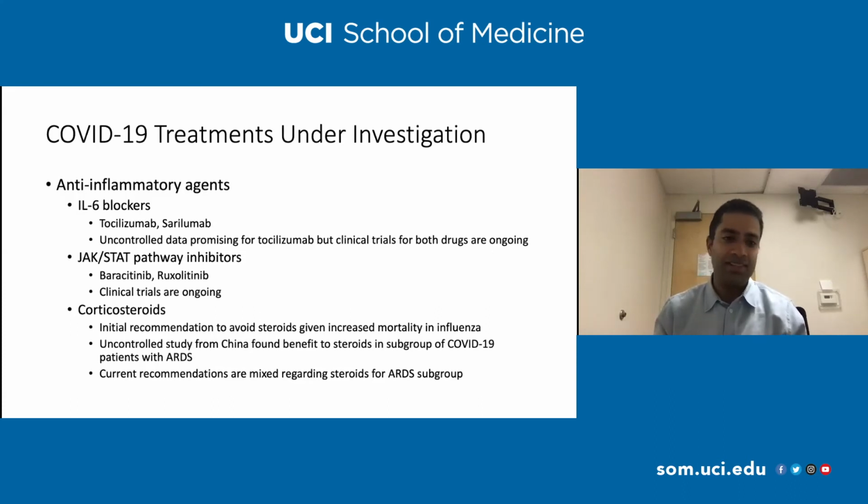But again, that was an uncontrolled study, so we're not sure about that. And so currently it's sort of a case-by-case basis. Some physicians would use these for some very sick patients in very rare circumstances. But in general, we're not using these very widely.